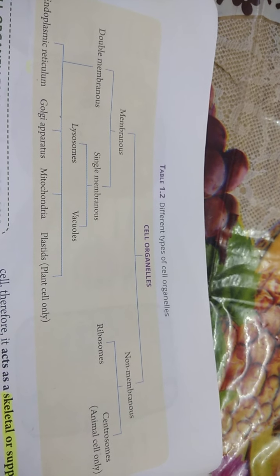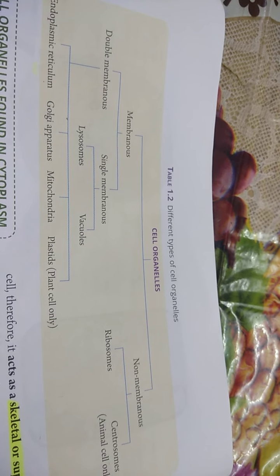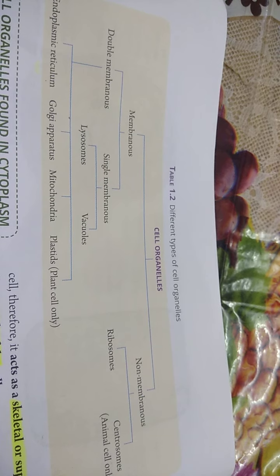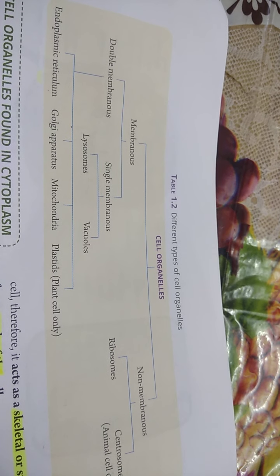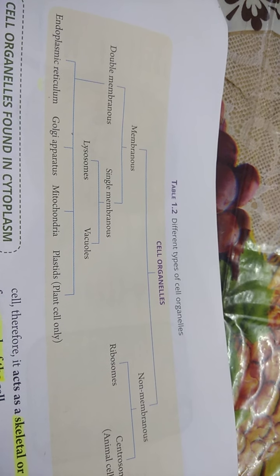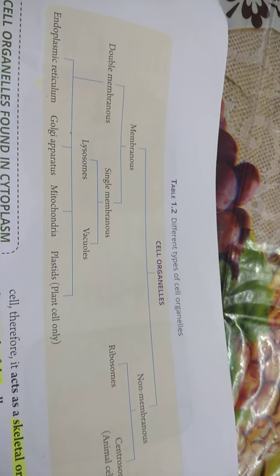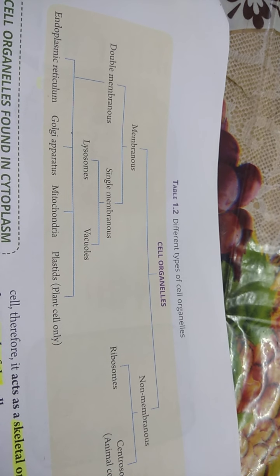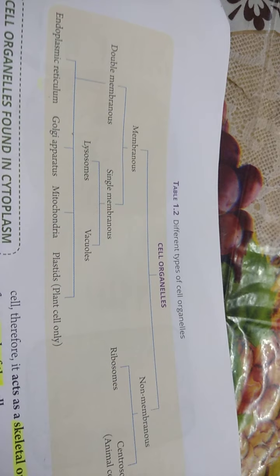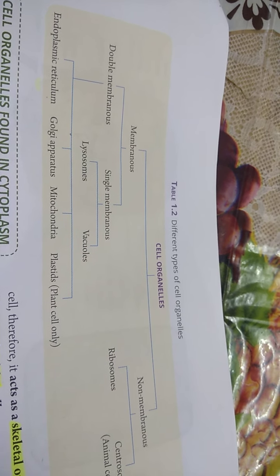Now let's start with cell organelles found in the cytoplasm. Here cell organelles are categorized into two categories, membranous and non-membranous. Membranous cell organelles are categorized into two different categories, double membranous and single membranous. The double membranous ones are endoplasmic reticulum, Golgi complex or Golgi apparatus, mitochondria and plastids.